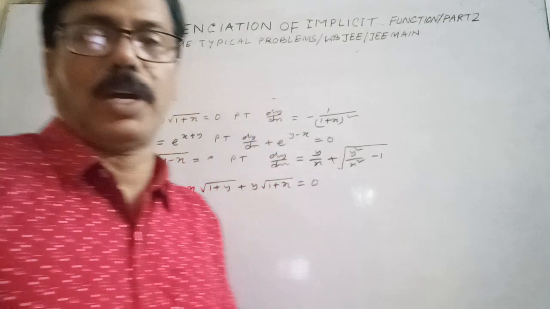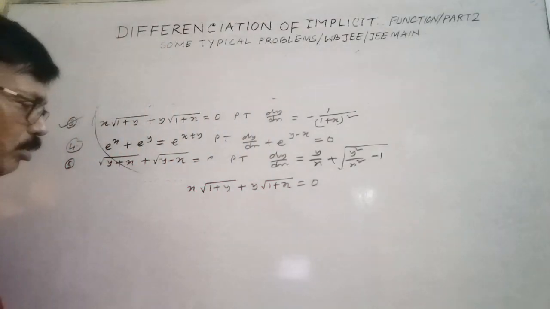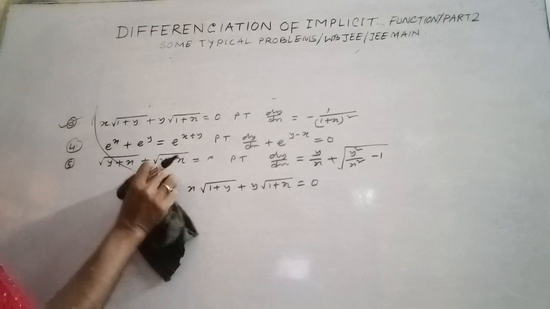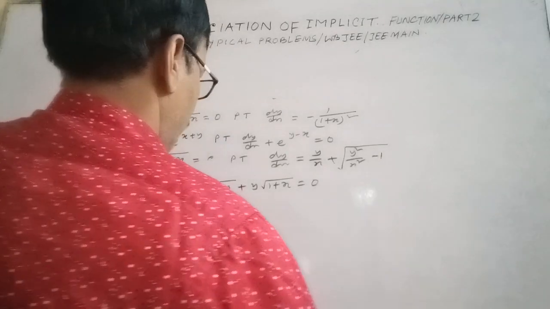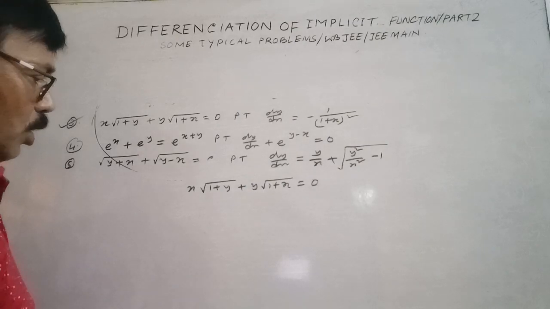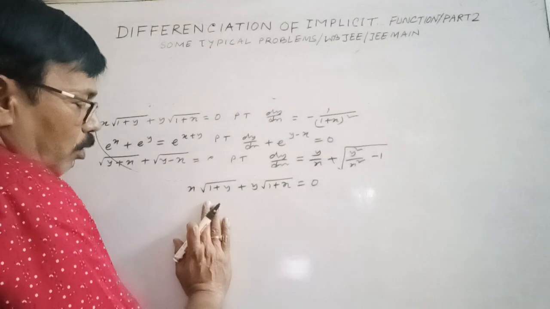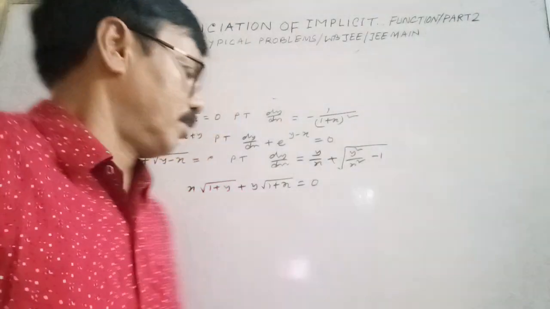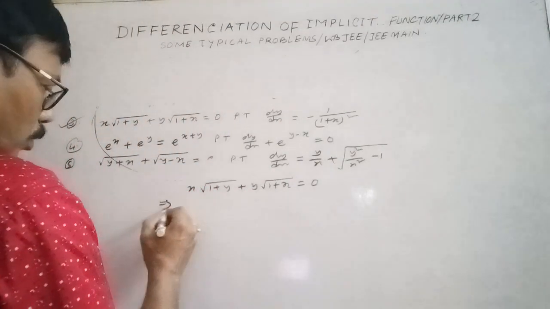There is no root over. So look, no trigonometric transformation, because it is 1 plus x, it is 1 plus y. So our main aim will be to remove the root over sign.